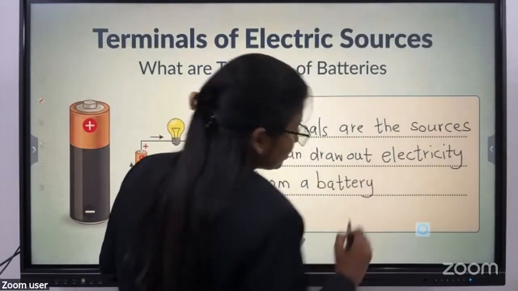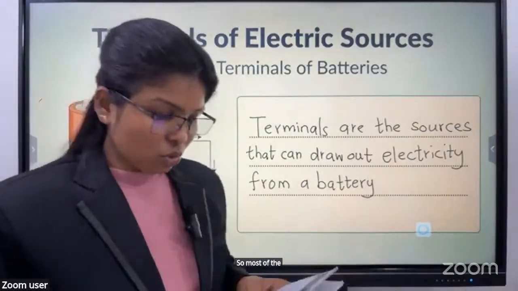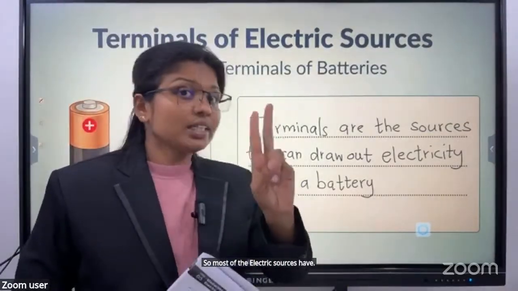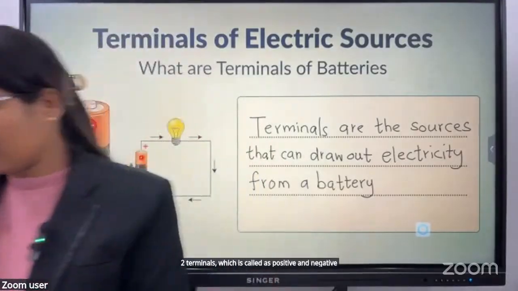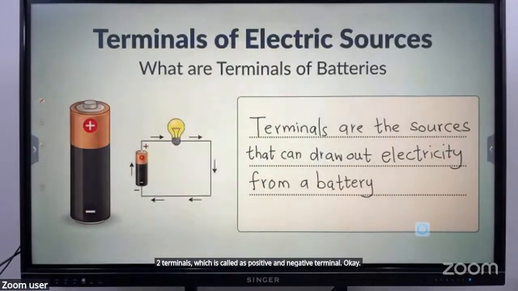So most of the electric sources have two terminals, which are called the positive and negative terminals. Quickly write this down.